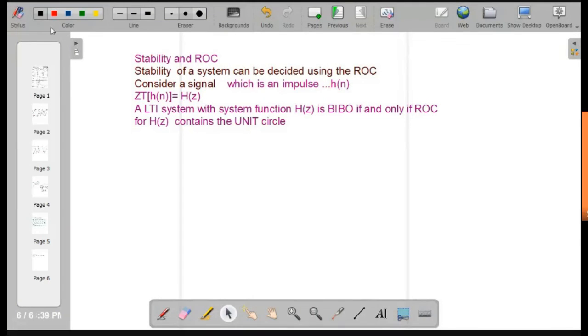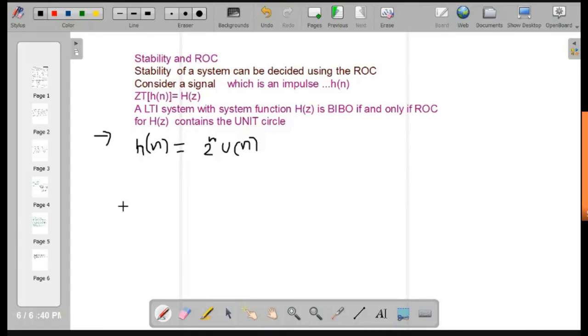Let us consider h of n. Suppose some h of n is there, which is given as 2 raised to n into u of n.